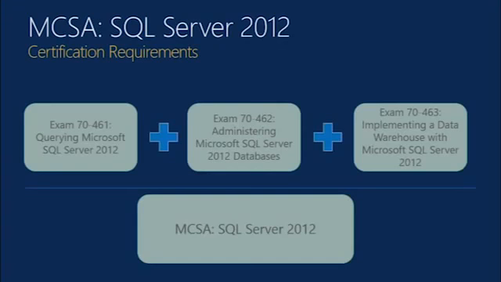And finally, last but not least, 463, implementing a data warehouse with Microsoft SQL Server. Those 3 exams, and then you'll obtain your MCSA on SQL Server 2012. It doesn't matter what order you take the exams in. When you've passed all 3 of those exams, you've earned your MCSA. But in this session, we're going to focus on that 462 exam.